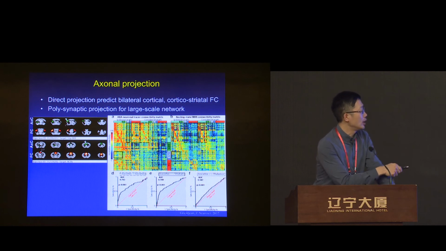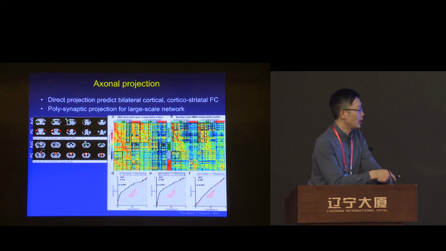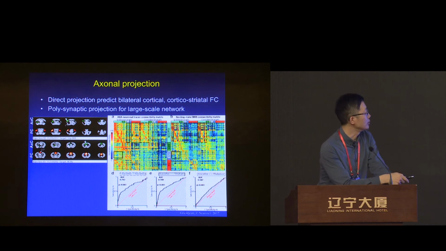They also use this metric to come up with a way to predict functional connectivity based on the axonal projection. You can get a reasonably good estimate in the neocortex or the striatum, but not in the thalamus, probably because the anesthesia suppressed the thalamic connectivity.